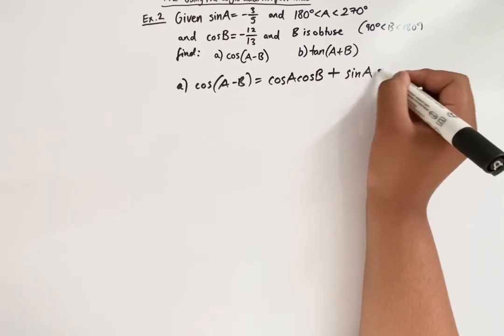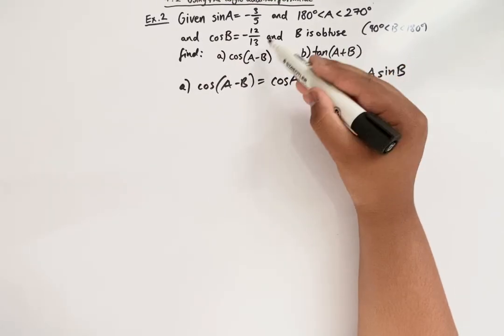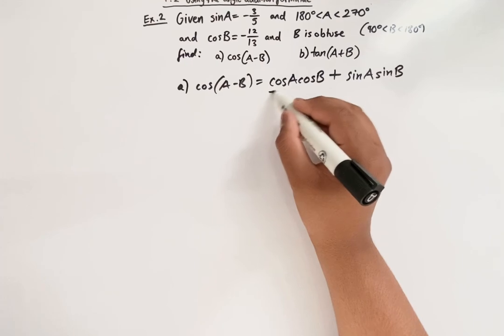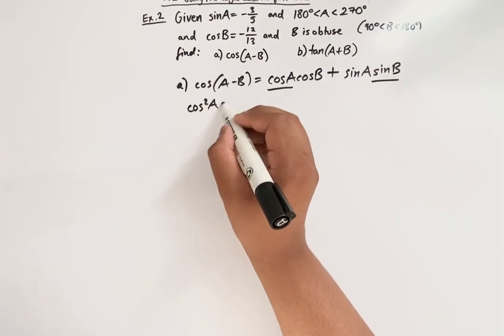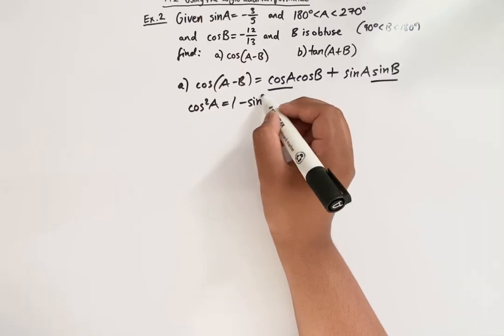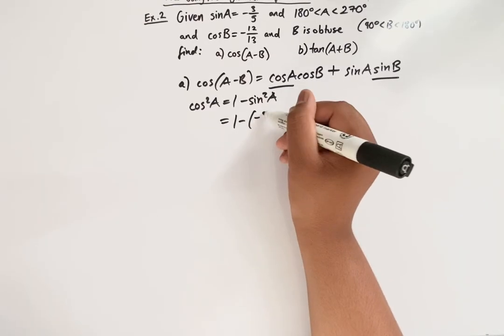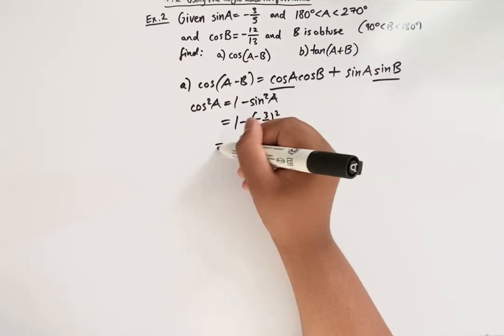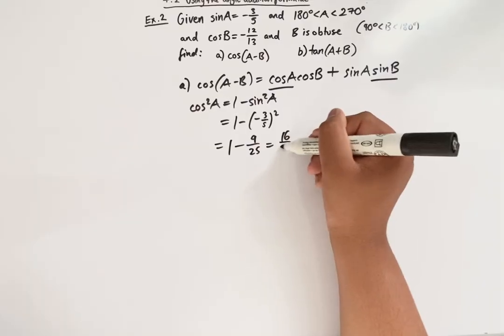sine a sine b. We know sine a and cos b, but we need to find cos a and sine b. We know cos squared a is 1 minus sine squared a, which is going to be 1 minus negative 3 over 5 squared, which is 1 minus 9 over 25, which is 16 over 25.